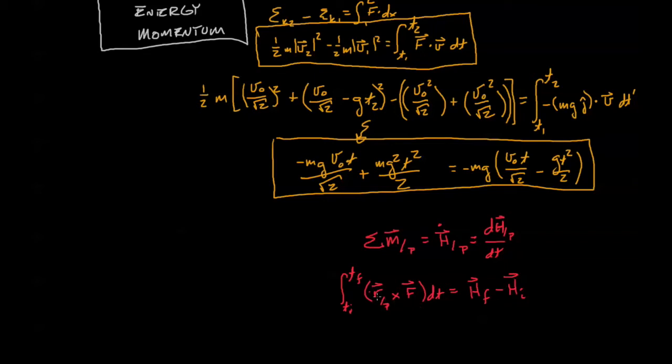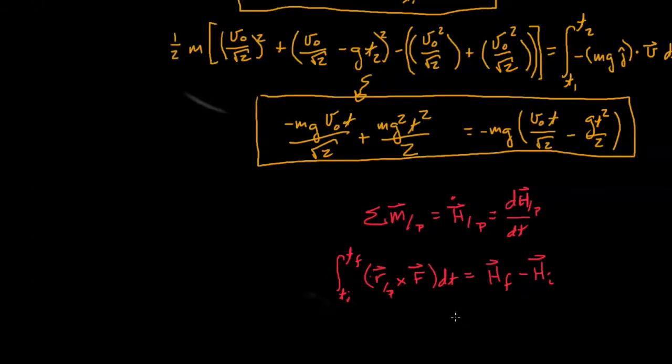The left-hand side is easy enough to figure out. We simply take the position vector crossed with the force for each applied force, and in this case we only have gravity. So let's take a quick look at the right-hand side. What would the angular momentum be? It's going to be the final position with respect to P crossed with the mass times the final velocity with respect to P minus the initial.